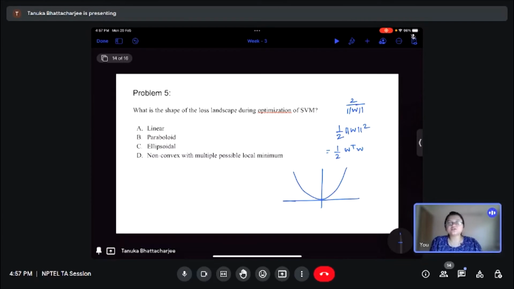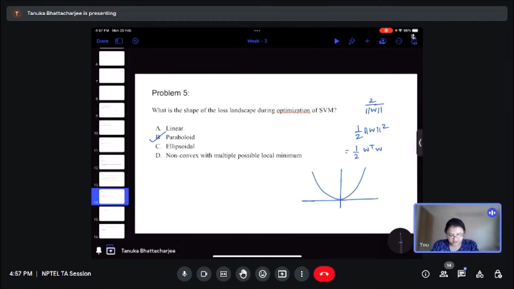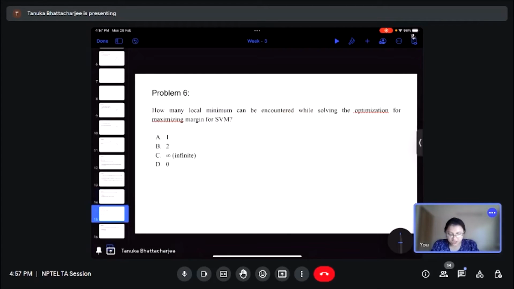So whatever the dimension of the problem, your loss landscape for optimization will always be in the shape of a paraboloid. Now if that is the case, can someone tell me how many local minima will be encountered while solving the optimization for maximizing margin for SVM?